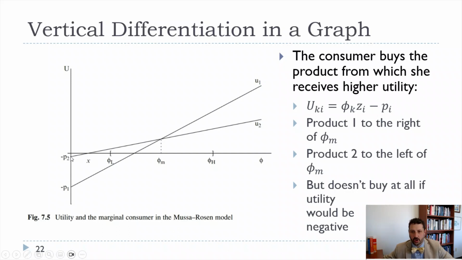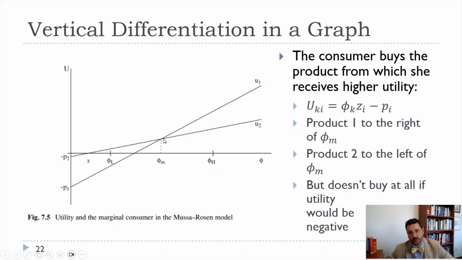And so for all of these people up to this point, utility for the lower quality product, 2, is higher than utility for the higher quality product, right? Because they don't care as much about quality because they're closer to theta L, and so they buy the lower quality product. The person that's just indifferent, theta M, is right here.